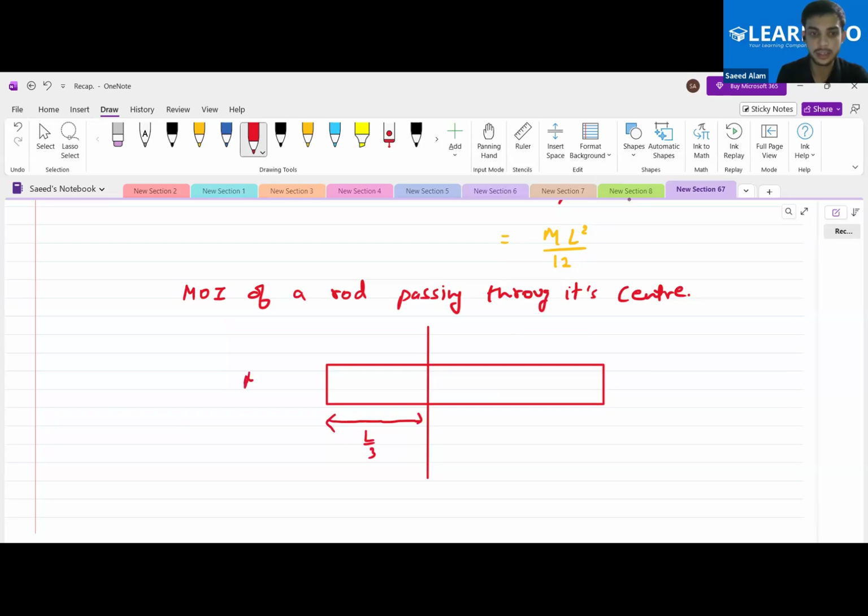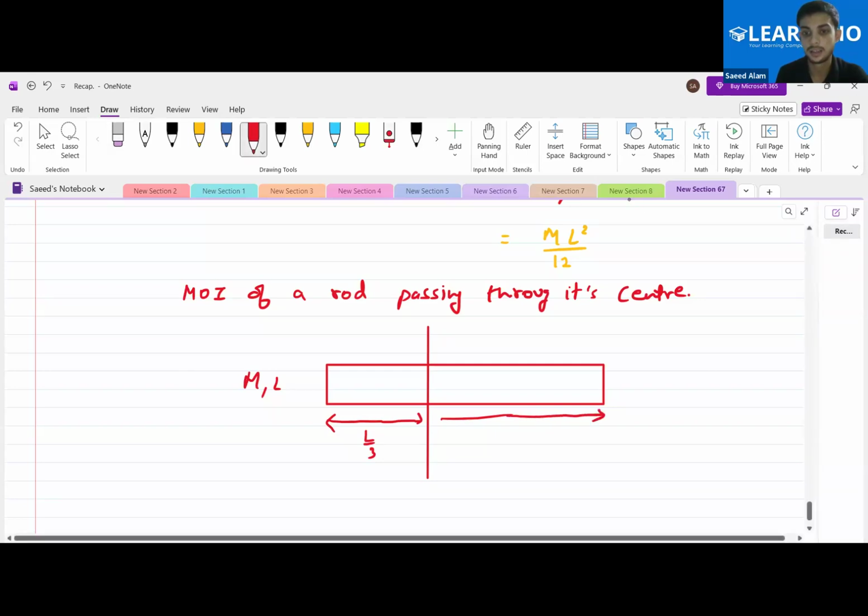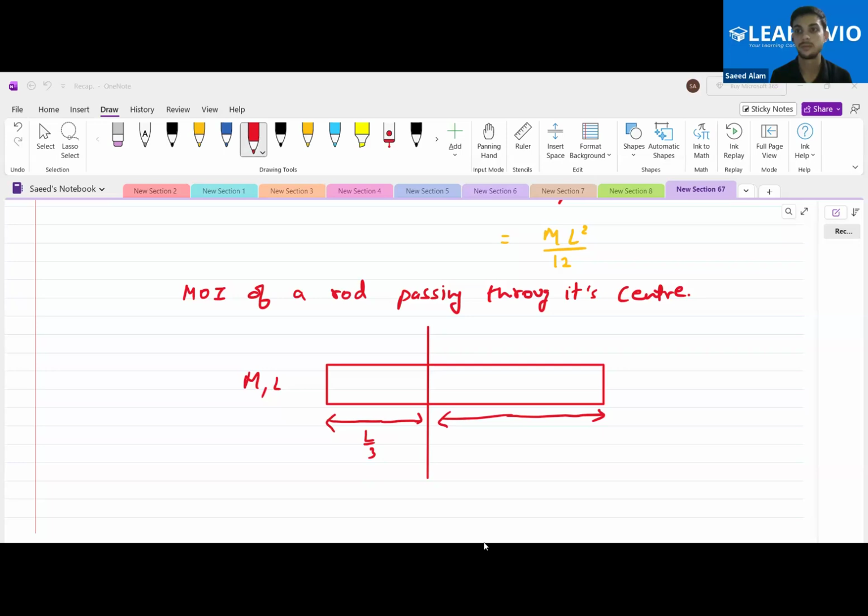And if the whole rod has mass m and length L, so what is this length actually? Yes, what is this length? L minus L by 3.